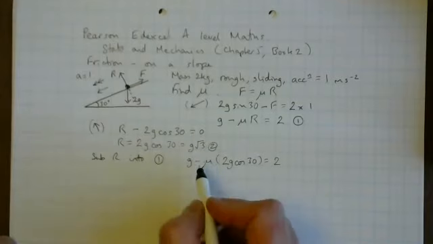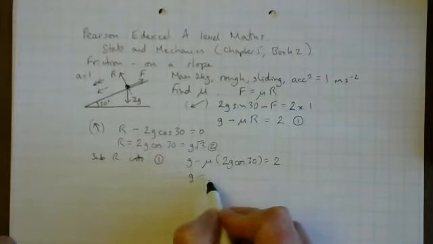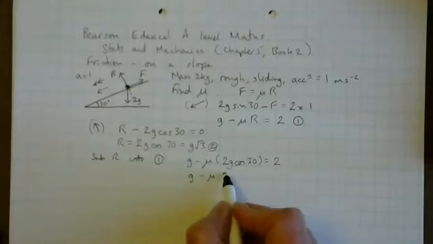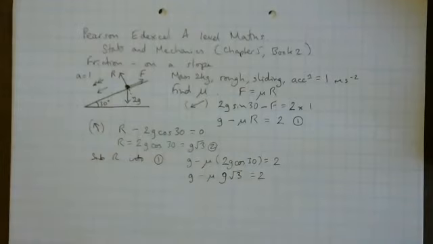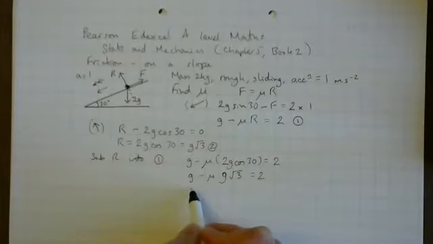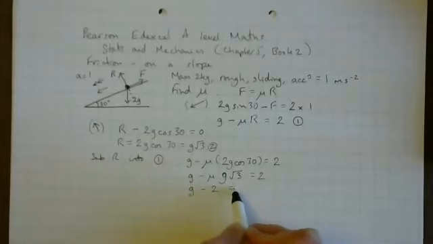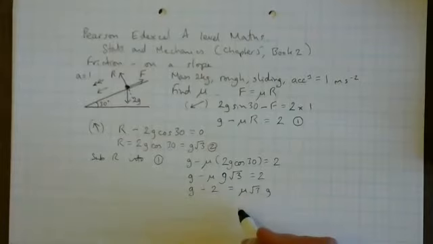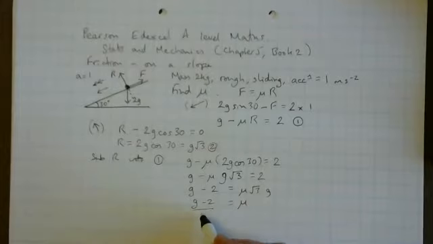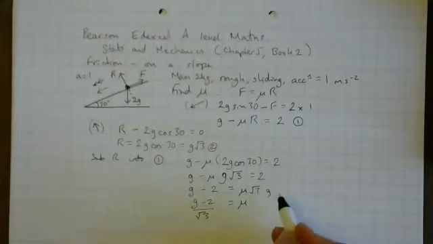We had already done the numbers there, so I can just put that in. g minus mu g root 3 equals 2. That means that, take that over that side, g minus 2 equals mu root 3 g. Take this over this side. Mu equals g minus 2 over root 3 times g.